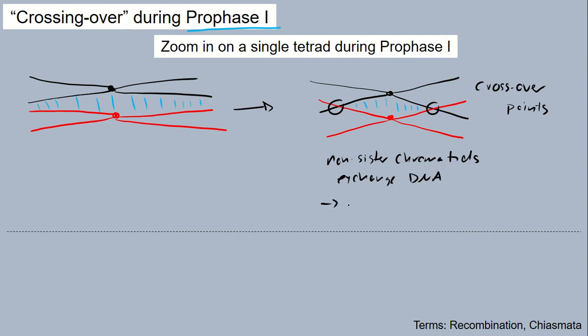They're going to recombine, which is why this process of crossing over is often known as recombination. Mixing things up a little bit. And another important term, these points of crossover here and here are known as chiasmata.